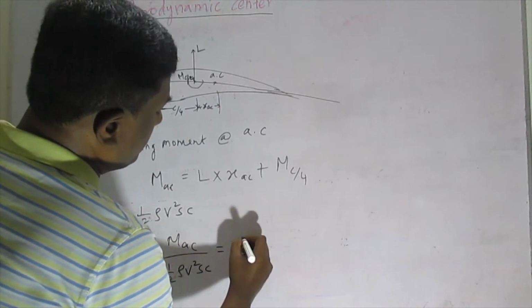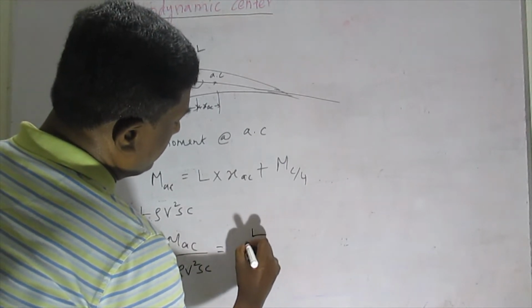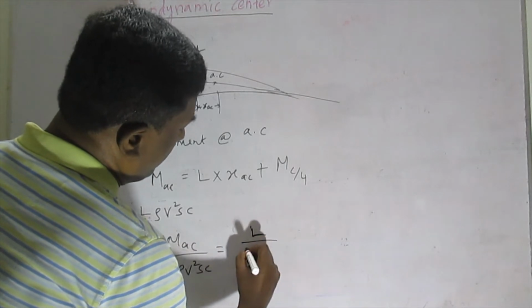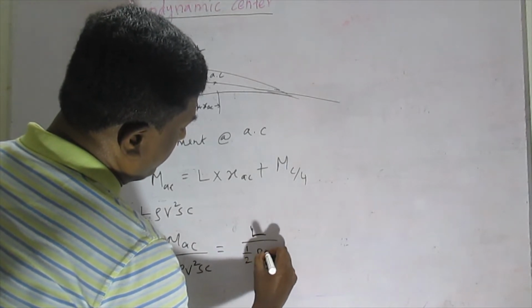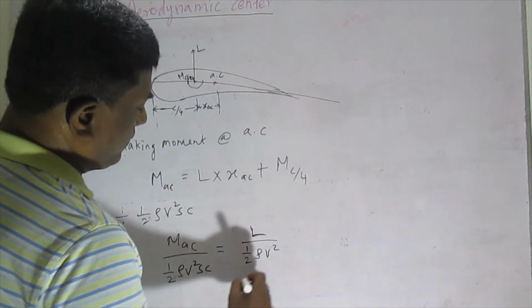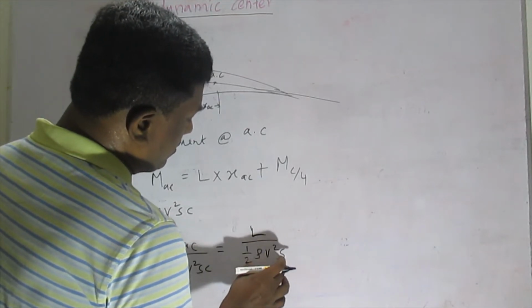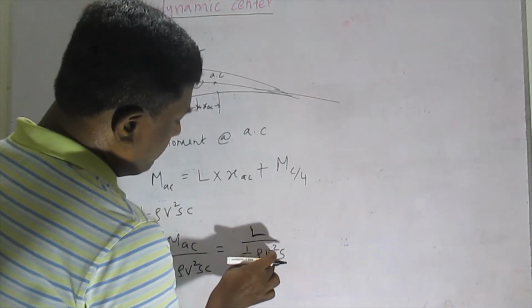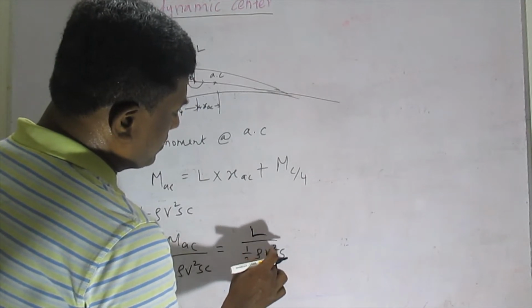That is equal to lift by half rho V square S, and this is also a force, because dynamic pressure into area gives us the force.